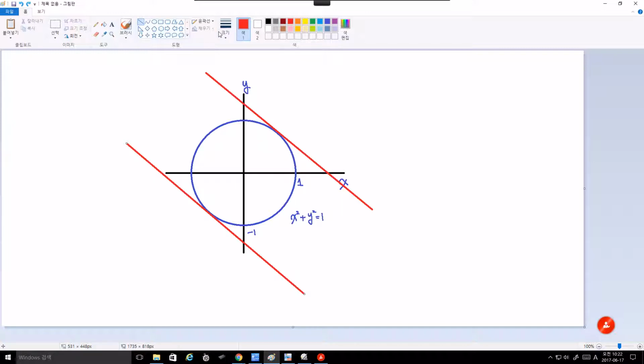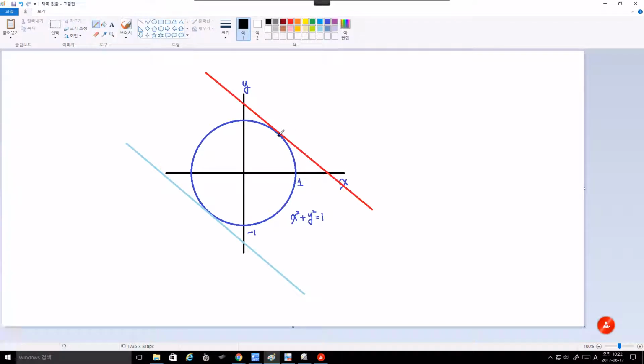And let's say this is sky blue. So if you calculate this one, clearly the maximum would be somewhere over here, right?